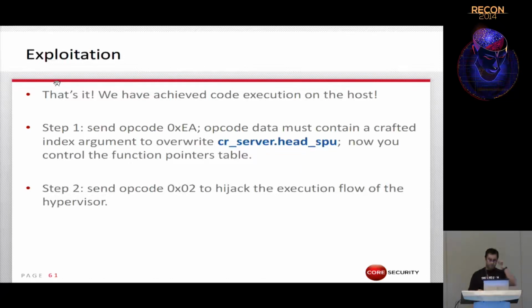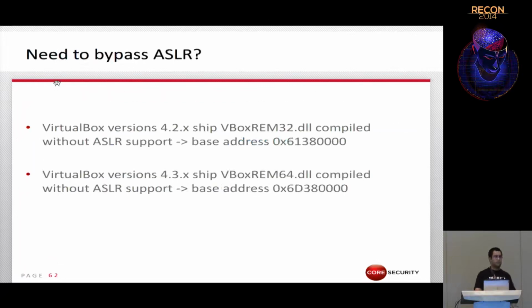However, probably now you are wondering, but what about ASLR on the host side? Well, both the 4.2 and 4.3 branches of VirtualBox ship a DLL with a different name, which is compiled without support for ASLR. So they are loaded at fixed addresses, as shown there. So you can use those libraries in order to build your ROP chain and escape from the VM.